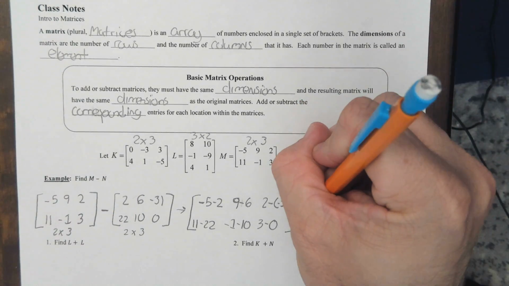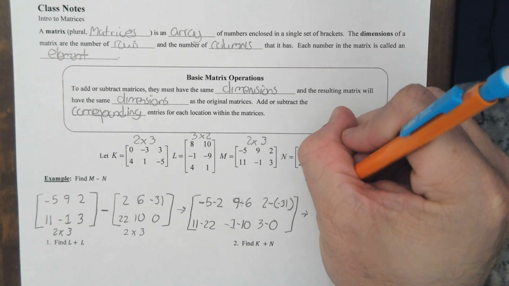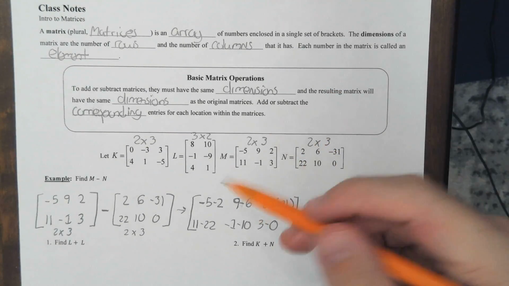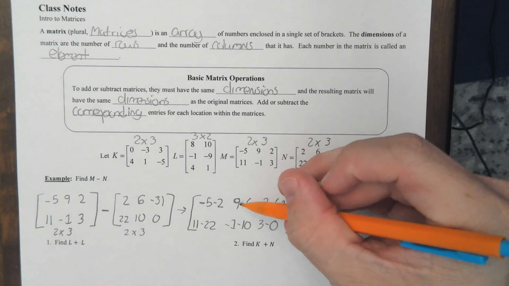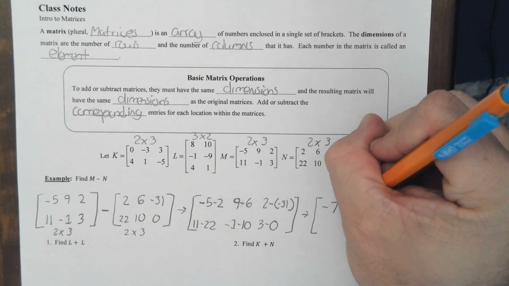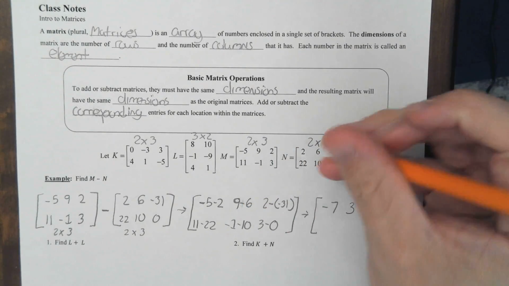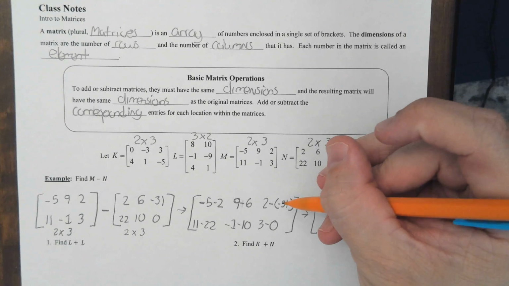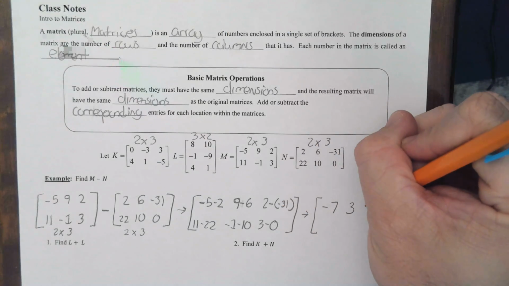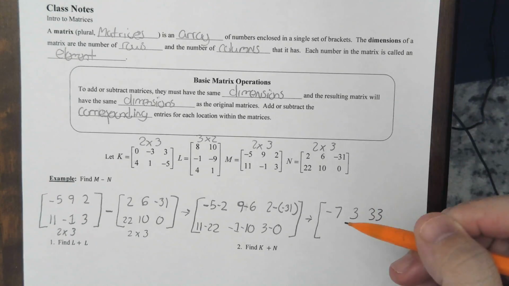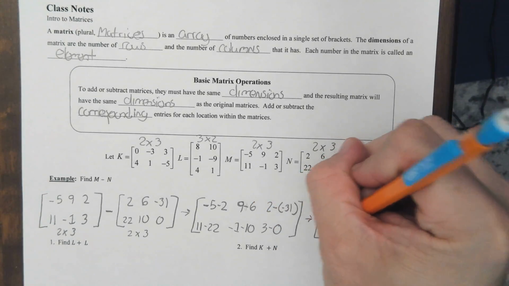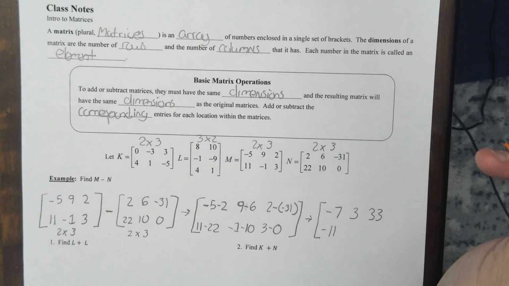So now to finish this off for our final solution here, we're just going to go ahead and simplify. So negative 5 minus 2, that gives you a negative 7. 9 minus 6, 3. 2 minus a negative 31, so that becomes a plus. So 31 plus 2, 33. 11 minus 22 there, a negative 11.